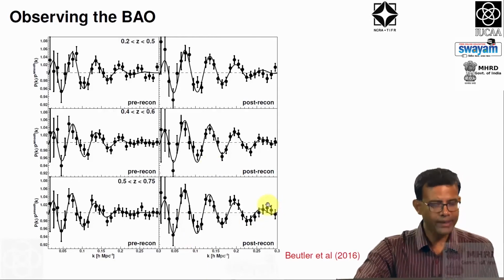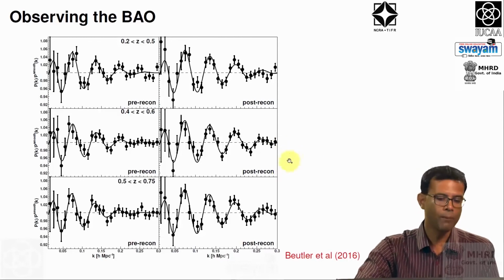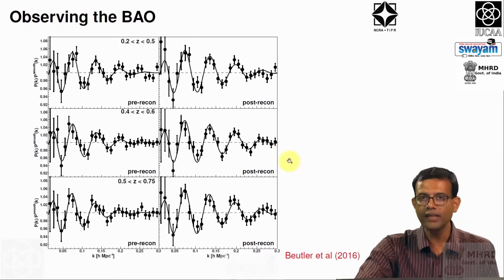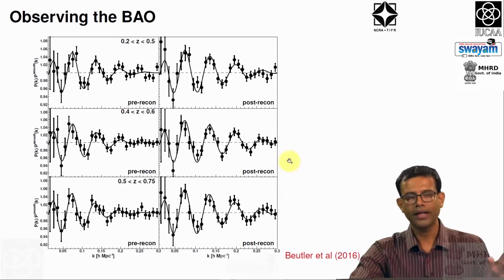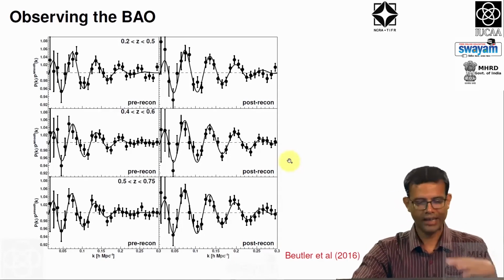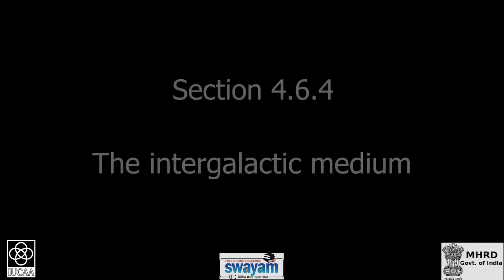So, this is a big success for the theories of structure formation, the fact that we can now understand how the large scale structures formed starting from CMB. Let me just reiterate, the basic concept here is still the gravitational instability, and then everything else is details of the mathematics and so on.